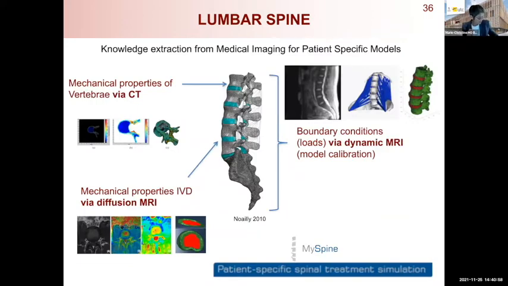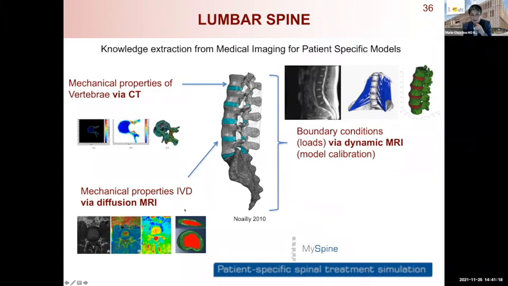So it was a very nice example for you for the lumbar spine, because you can see that from a medical image, we can extract, of course, the geometry of the bone and the geometry of the structure, but here we can also assess the mechanical properties from CT data.